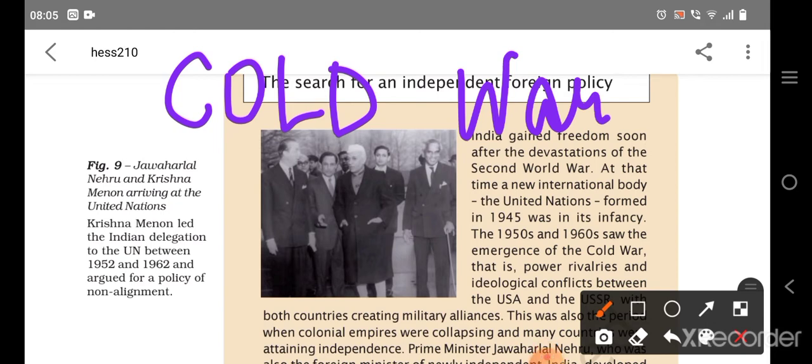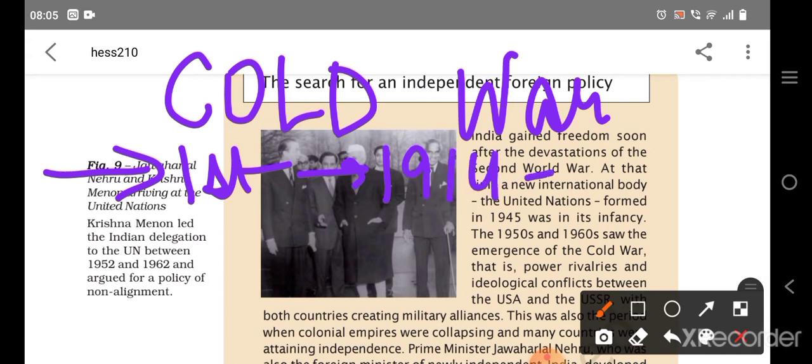As we have studied, the First World War was between 1914 and 1918, right?